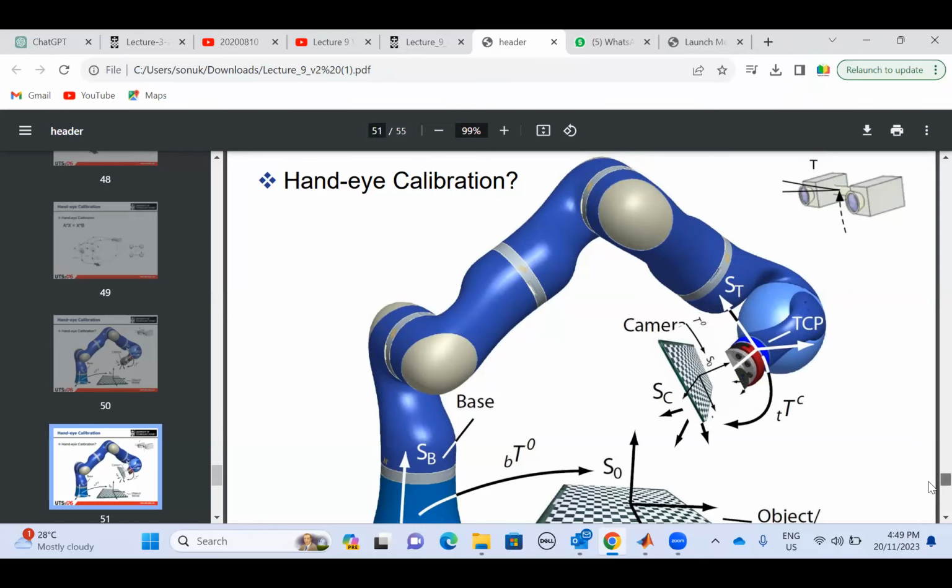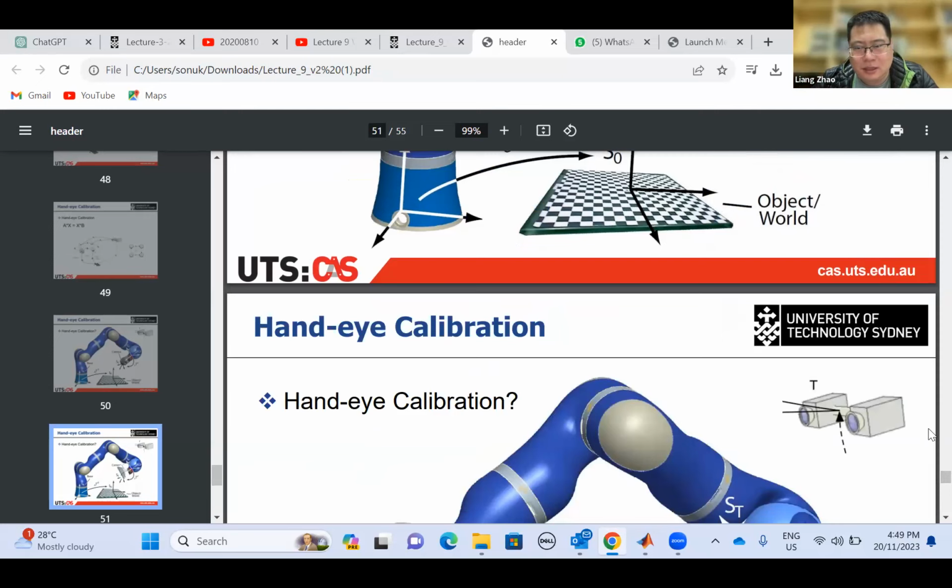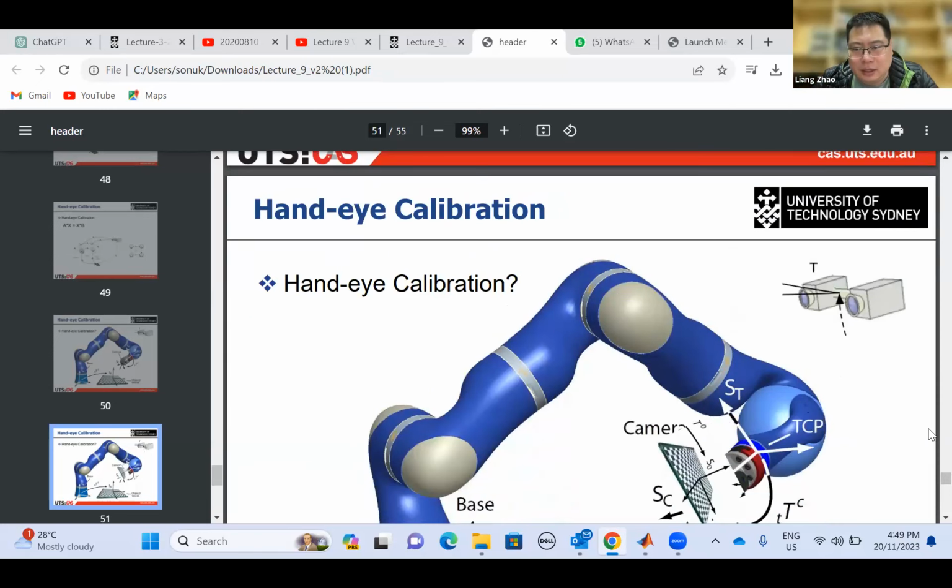And in the other case, still this slide, from the global camera, because the global camera is looking at the checkerboard held by the hand, right? It can have a sequence of the checkerboard poses.